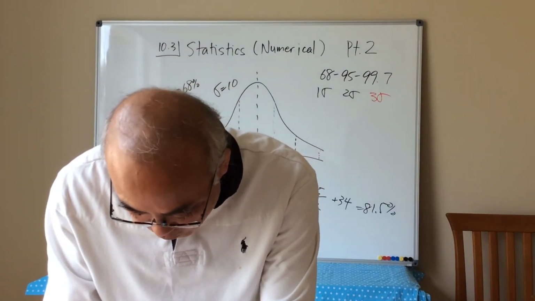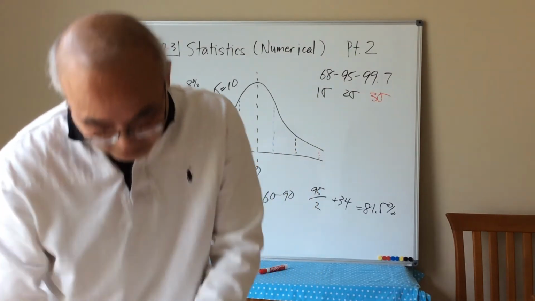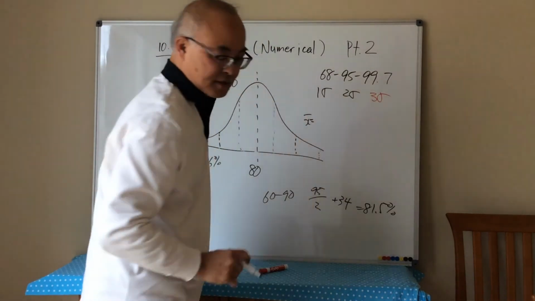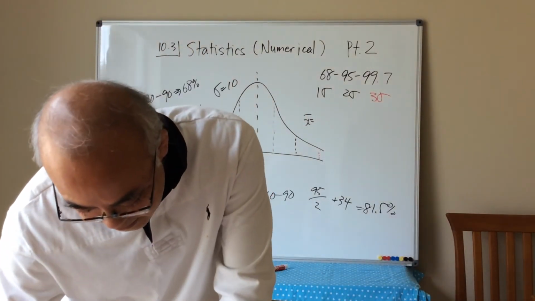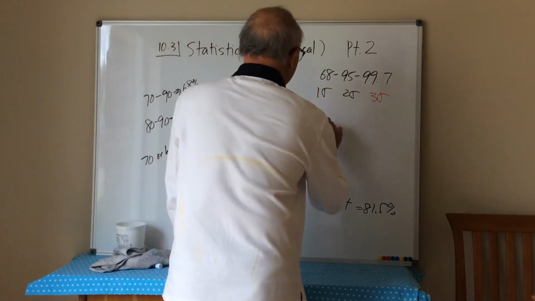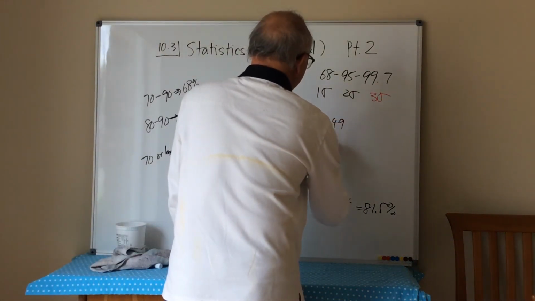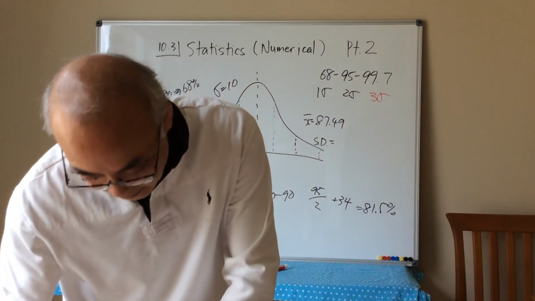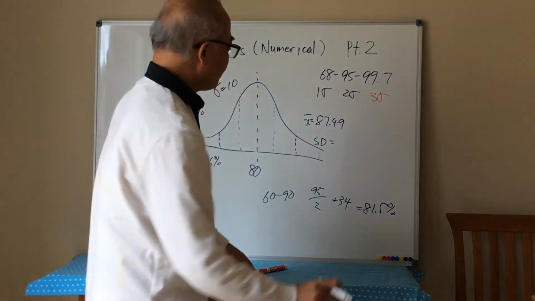In example 10, the X bar was 87.49 and the standard deviation was 3.51.